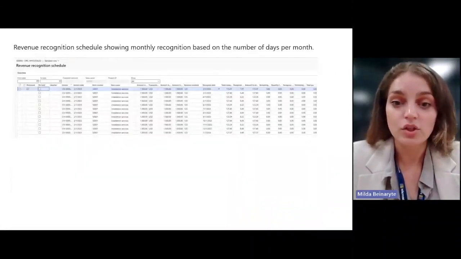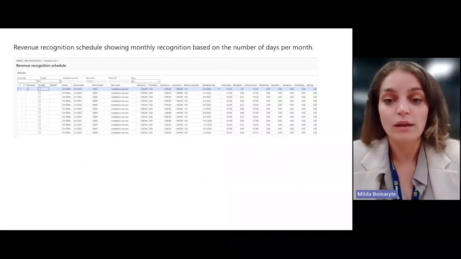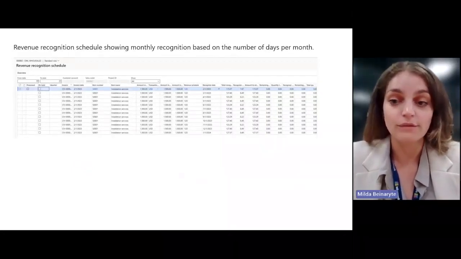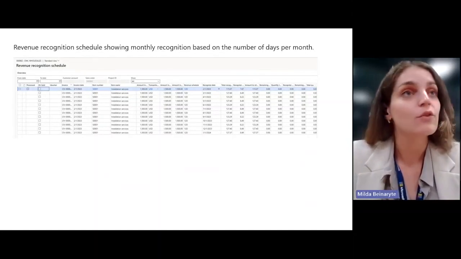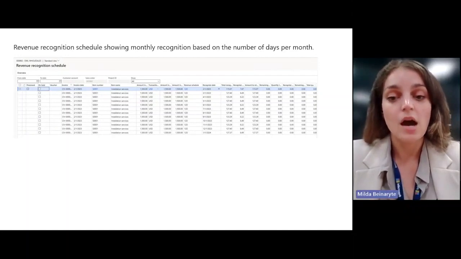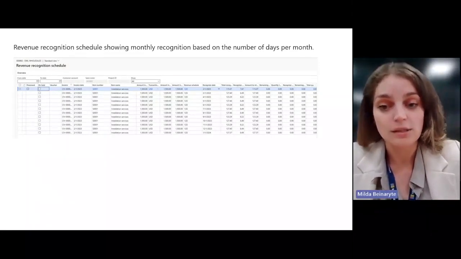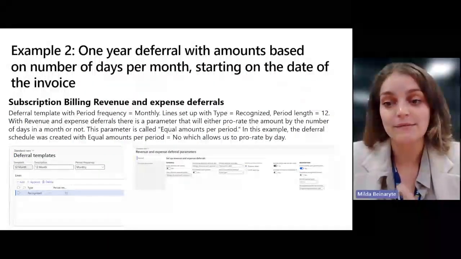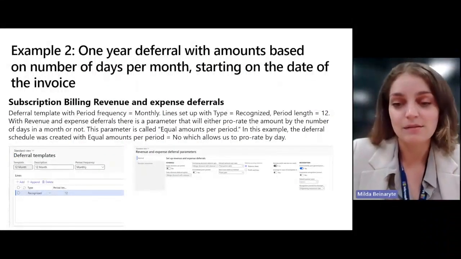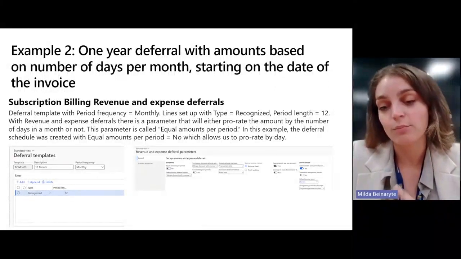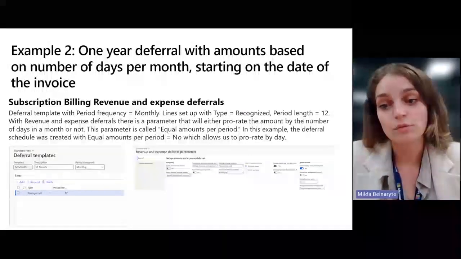This would show in the revenue recognition schedule as monthly recognition based on the number of days per month. And we see, for example, 115.07 in February, 127.4 in March, and so on and so forth. The configuration in subscription billing revenue and expense deferrals would be the same as we discussed before, except for the equal amounts per period parameter, which in this case would be null.